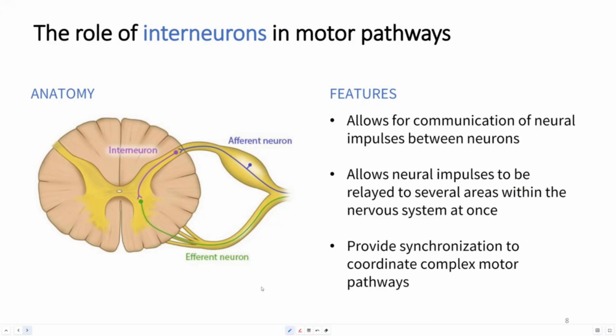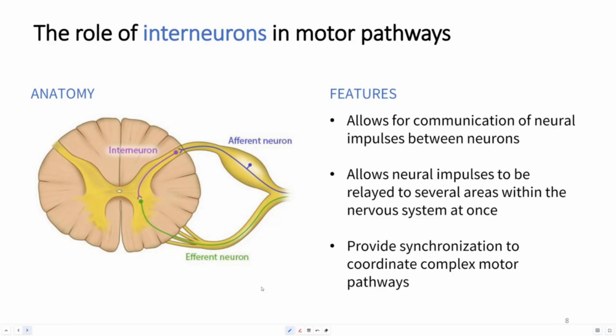Interneurons play a very important role in the relay of signal. These are a type of nerve cells that are found in the CNS, and they're found inside the spinal cord. They act as intermediaries between the sensory input and the motor output. This allows the brain to integrate and process sensory information before generating commands.